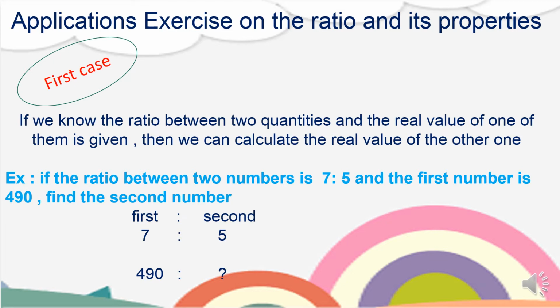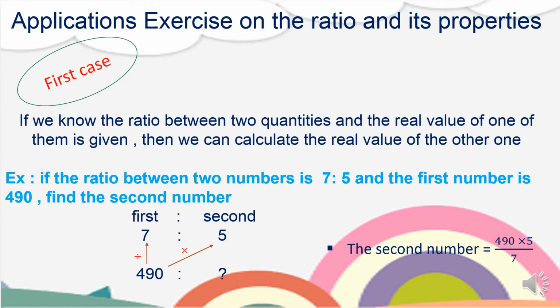And to make it easy, I multiply the two numbers facing each other by crossing and divide by the third number.